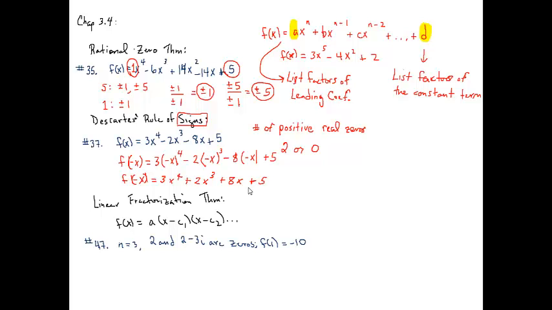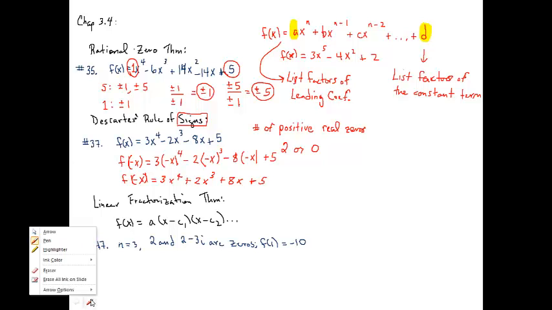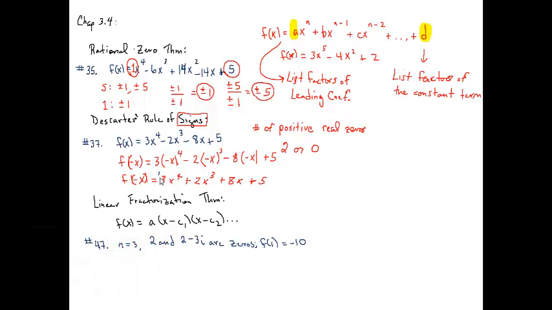So the number of sign changes, let me change the color. So this is a positive. Positive, positive, no sign change. Positive, positive, no sign change. And still no sign change.